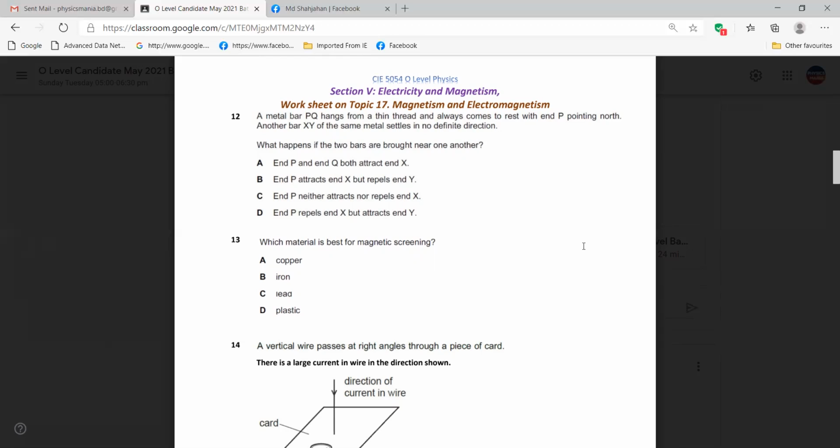Yes. So since PQ is a magnet, it doesn't matter if I attract it through P or through Q, it will still attract. But that option is not available. If they are giving you that option, that is also correct.